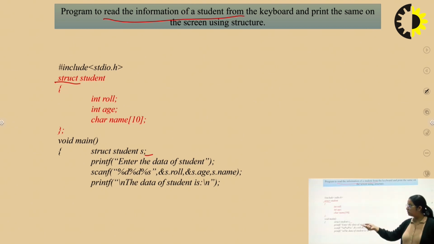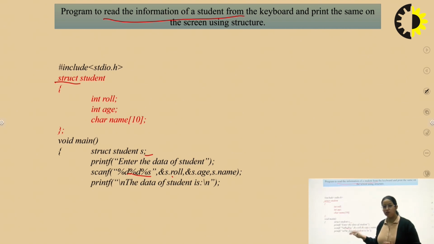Here, in this input, there is no need to follow the sequence. With the help of the format specifier, it is not mandatory that if you define roll number first, then here also you write roll number first. No, here what is important is the format specifier.